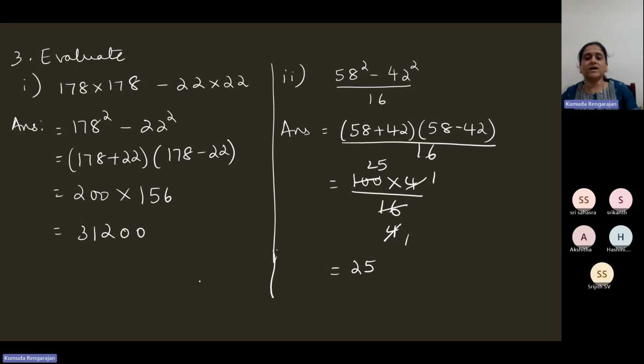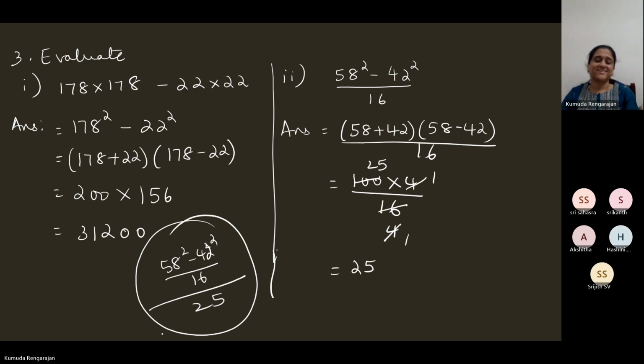Okay, now supposing your teacher gives you marks like this. Shrikant, this is your score, out of 25. That means 58 minus 42, 16.